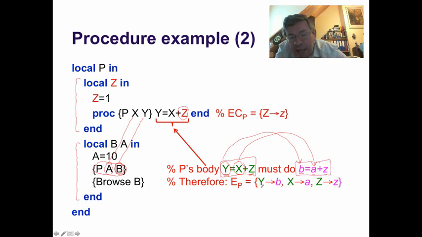That means y has to correspond to b, x has to correspond to a, and z has to correspond to z. So you see, this is the environment with which the procedure calculates. This environment combines, in green, the formal arguments and the contextual environment, and in purple, violet here, the variables corresponding to the actual arguments. So somehow we have to create this environment E index P, and that's where the complexity under the formal definition comes.